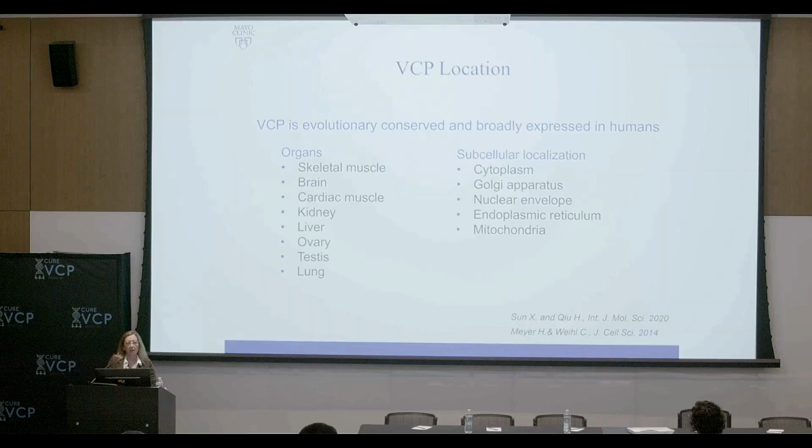Now, VCP is a protein that is evolutionarily very conserved. It is expressed in many tissues. It is present in skeletal and cardiac muscle, in the central nervous system across a variety of cells, kidney, liver, ovary, testes, and lung, and at the subcellular level it is present in the cytoplasm, Golgi apparatus, nuclear envelope, endoplasmic reticulum, and mitochondria.